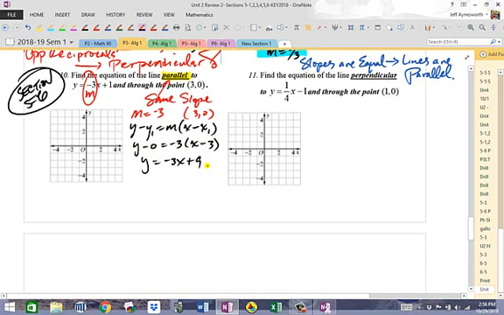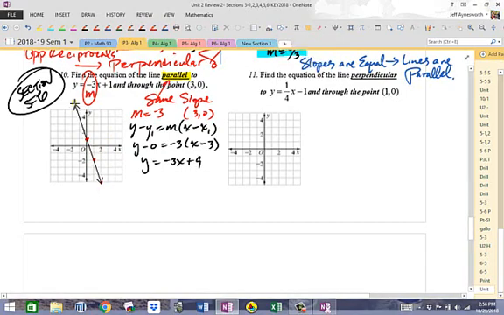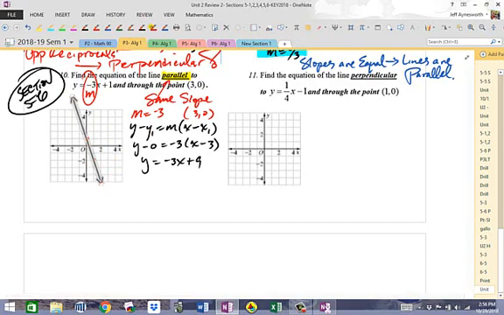All right, and if you wanted to graph them to check, you can. The y-intercept's 1 and the slope's -3. So down 3, right 1. And if you graph that, let's see here. Looks like this. And then the other one has a y-intercept of 9, so you got to go up 9. 5, 6, 7, 8, 9.